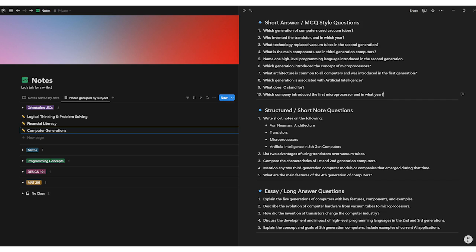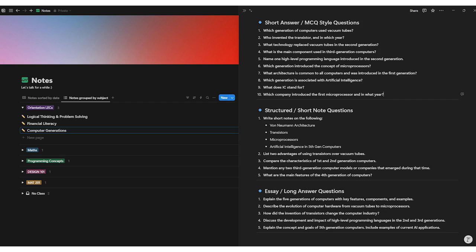So we go on to essay questions. Explain the five generations of computers with the key features, components, and examples. Let's talk about the big picture.